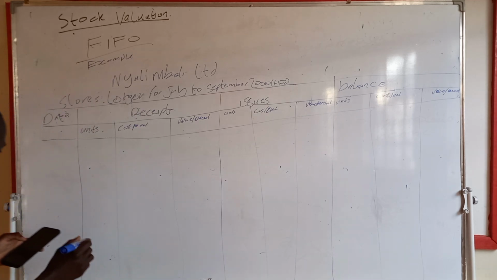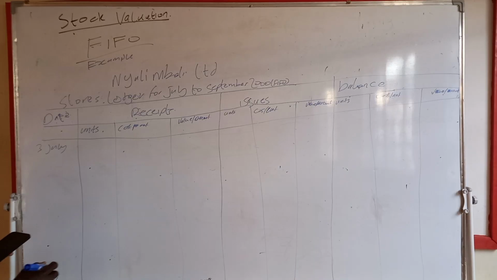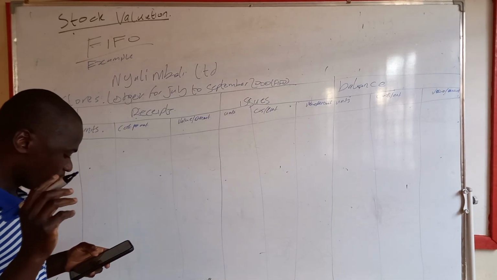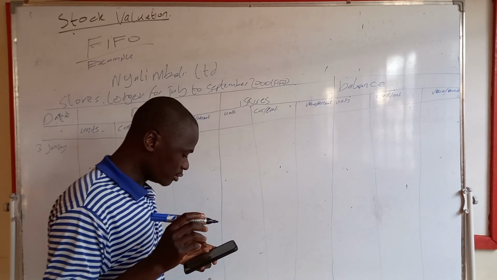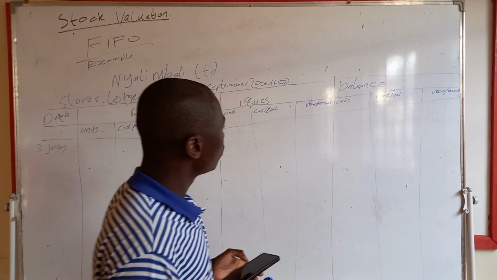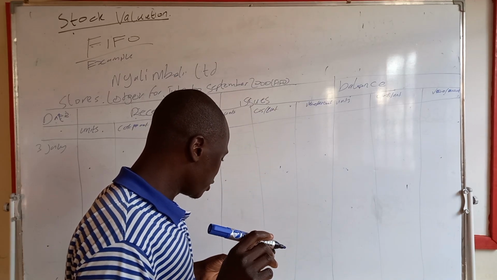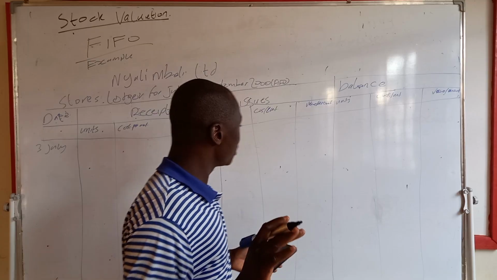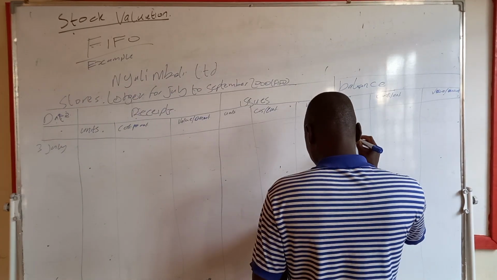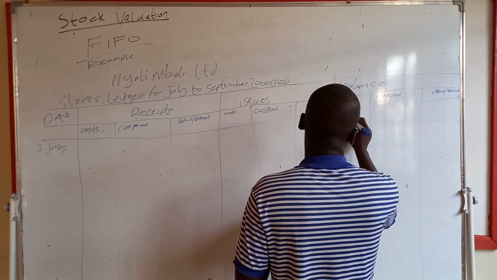Now, July, the 3rd July, opening stock was 5,000 tiles, valued at 825,000 shillings. That is the opening stock, which means at the beginning of this day you had a balance of 5,000 units.